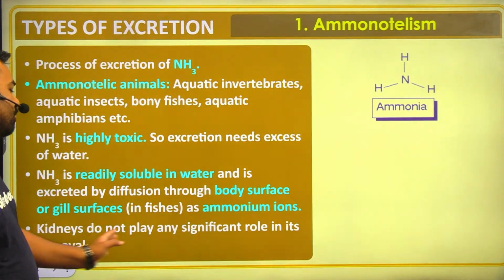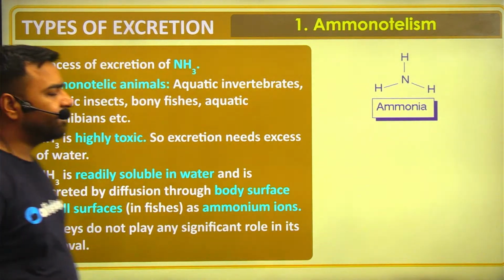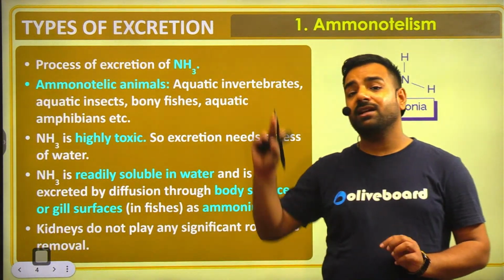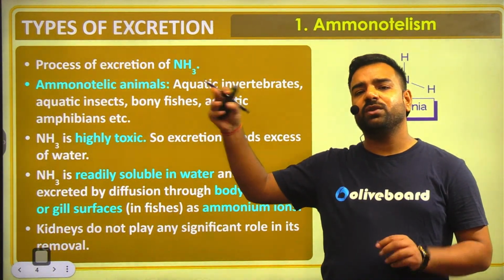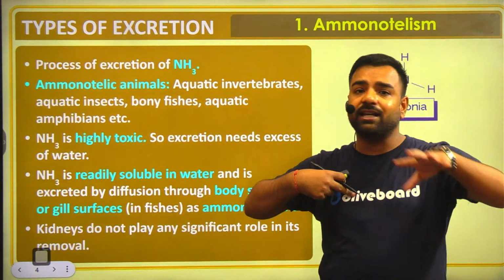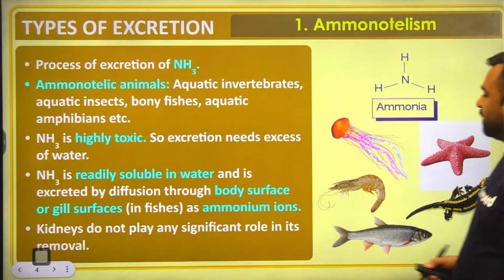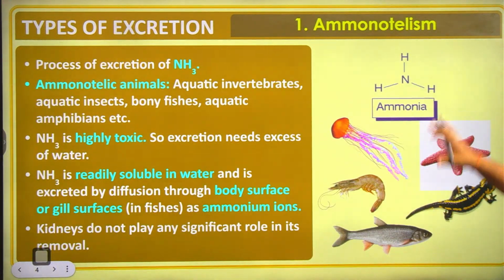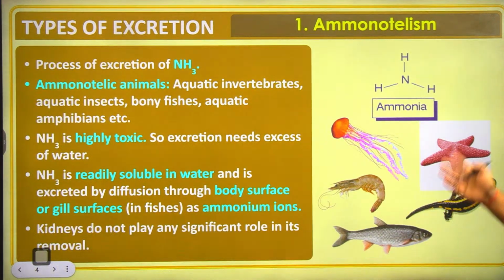So kidneys do not play any significant role in its removal. And for the same reason, ammonia is converted into urea in our body with the help of the liver. Okay, so here all the organisms from which ammonia is released: you can talk about the Cnidaria category, you can talk about prawns, starfish, salamanders, and fishes.